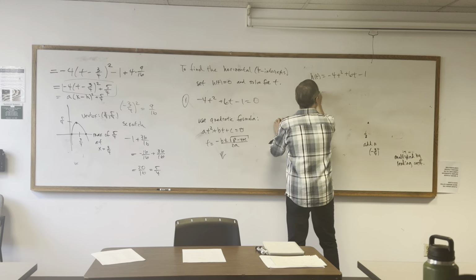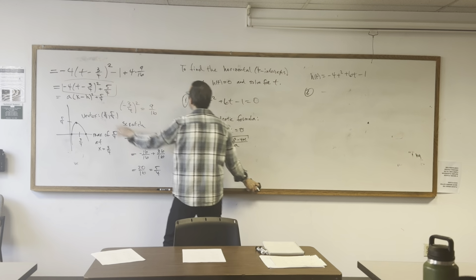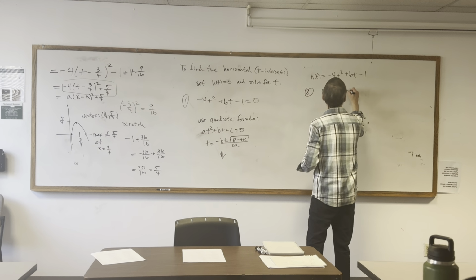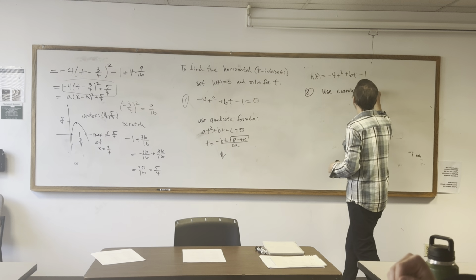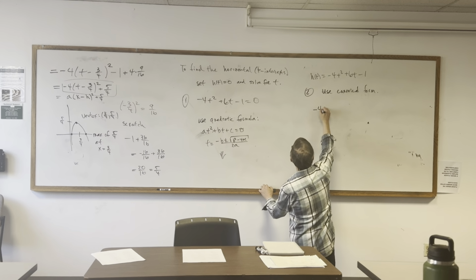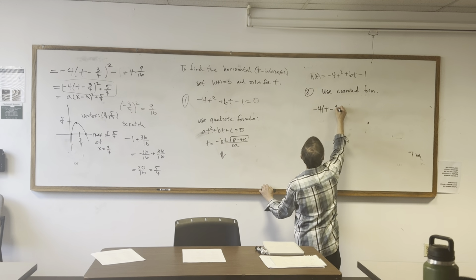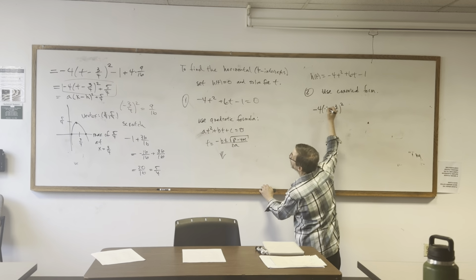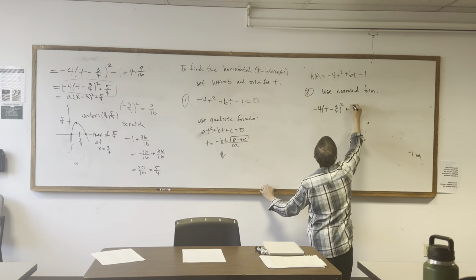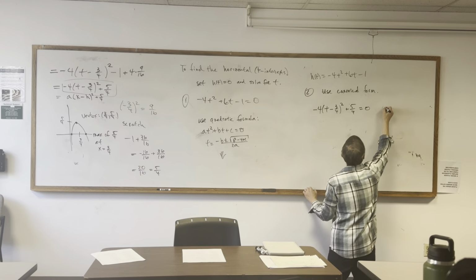Quadratic formula. Route 2 is to go to all this work we just did, which can pay off. So use the canonical form, and let's write it out. So we've got minus 4, and we're just going to set this thing equal to 0, minus 3/4 squared, plus 5/4 equals 0. And solve this.